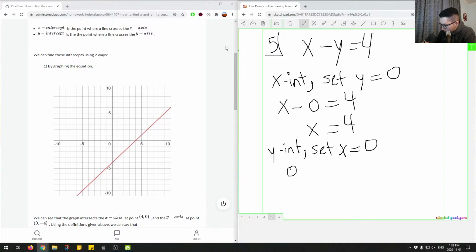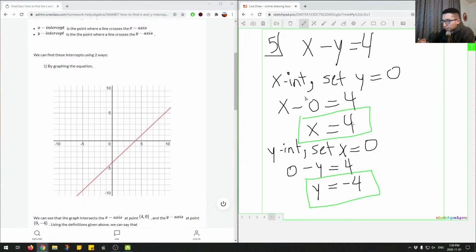Since we have negative y, we have to divide by negative 1 on both sides, and we end up with y equals negative 4. So we know that the x-intercept is x equals 4, and the y-intercept is y equals negative 4. The point for that would be 4, 0. So at point 4, 0, that's the x-intercept, and at point 0, negative 4 is the y-intercept.